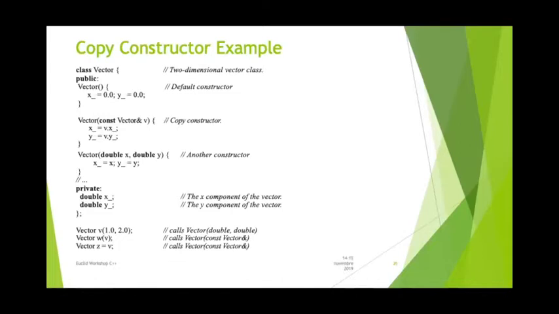So we are just copying the values of vector x and y to the x and y data members of the class. So how are we going to call it? First we call this constructor, like v with 1.0 and 2.0. In the second line, we are calling vector w in brackets v. It means I'm copying this vector value to the w object. It is the same thing if we say vector z equal to v or w equal to v. It's the same thing we are doing, just copying.